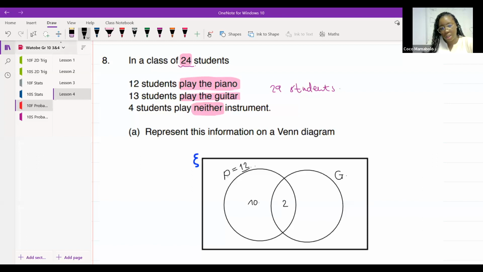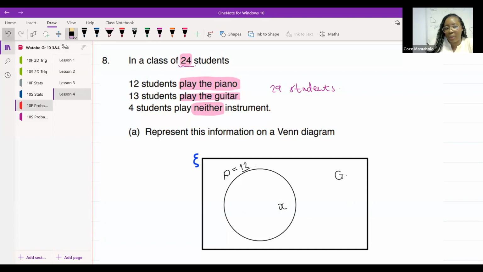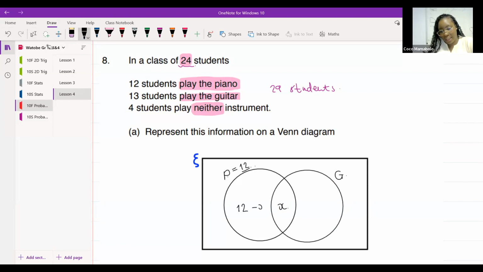Agreed? So now, if this is X, how do we figure out how much is over here? 12 minus something is equal to X. Okay, correct. So we're going to say 12 minus X, because that will give us the whole of the piano players.